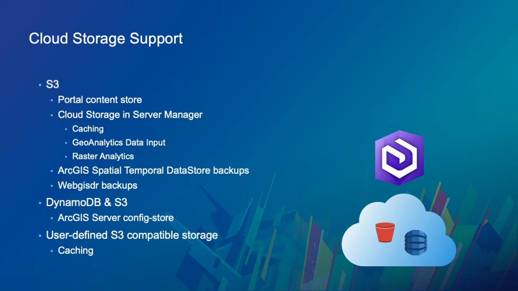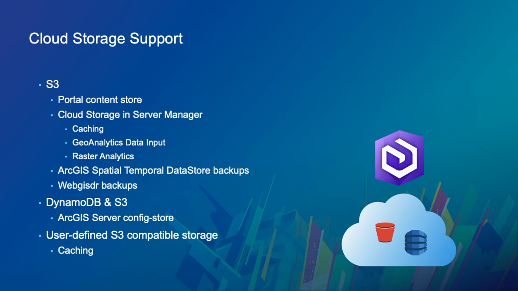This is one slide, but it actually has a lot of information in it. You probably know that some components in ArcGIS Enterprise are very important, like the portal content store, ArcGIS config store, and server directories. They are all very important to the ArcGIS Enterprise deployment, and we require them to be highly available.